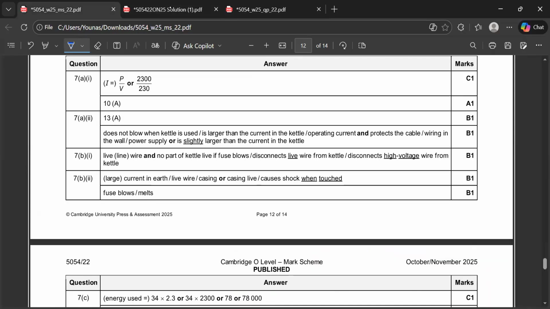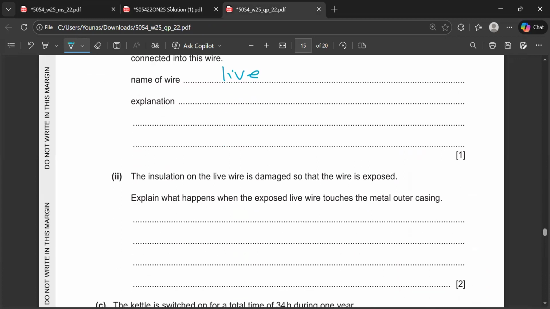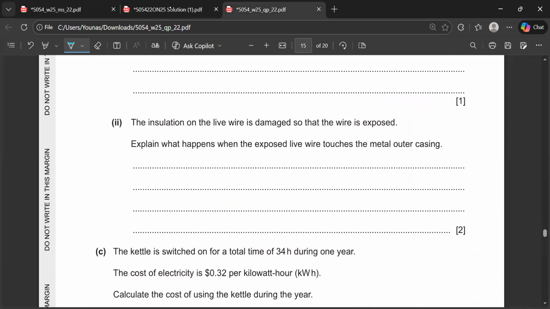And he says, you can see the B first part. Okay. Then we have the question number 7, B part, second portion. He says the insulation on the live wire is damaged so that the wire is exposed. Explain what happens when the exposed wire touches the metal outer casing.